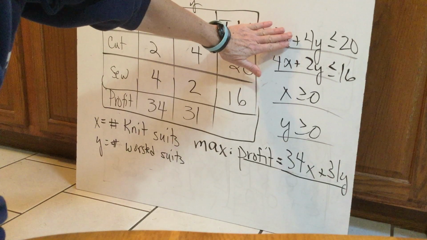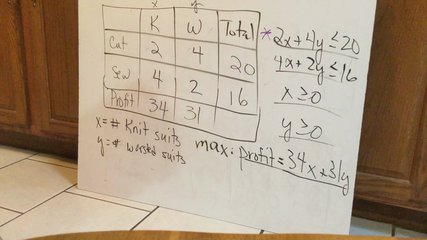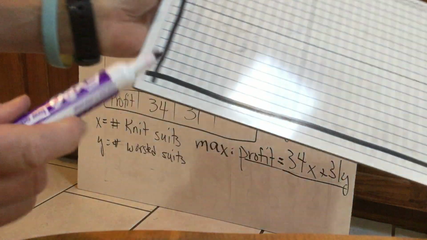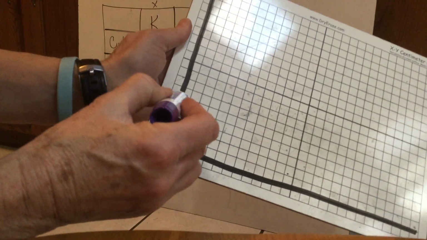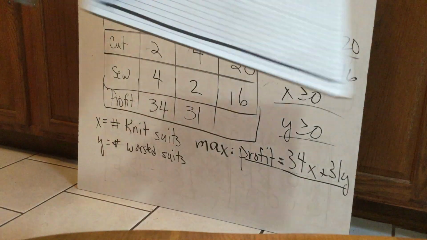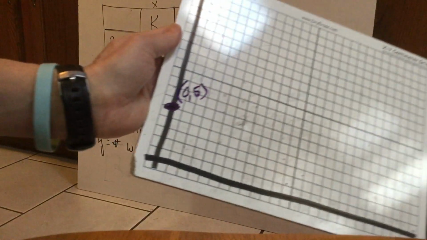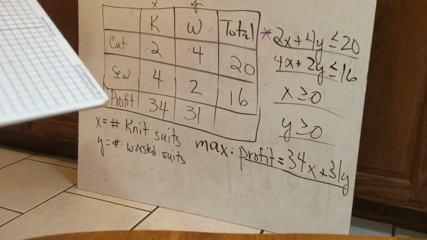If I let X be 0, if this goes away, then clearly Y has to be 5. So I'm going to plot the point 1, 2, 3, 4, 0, 5 right here. So I have plotted the point and I have labeled it. You are doing the same on your paper.